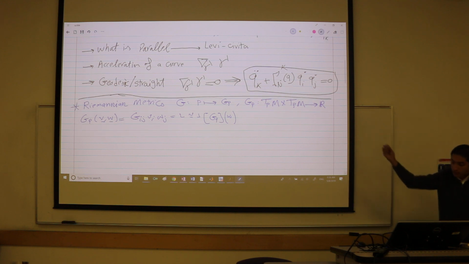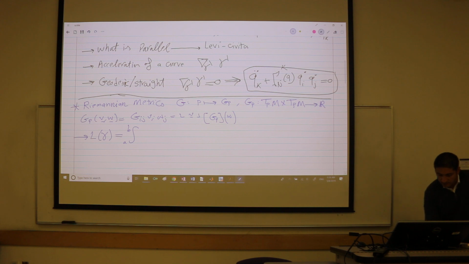Using this tool, we defined last time the length of a curve, which is the integral over the interval of the curve of the norm of the velocity vector. The norm from the dot product is the square root of the thing dot product with itself. So G_gamma(t) of gamma prime of t, gamma prime of t, and we have dt.